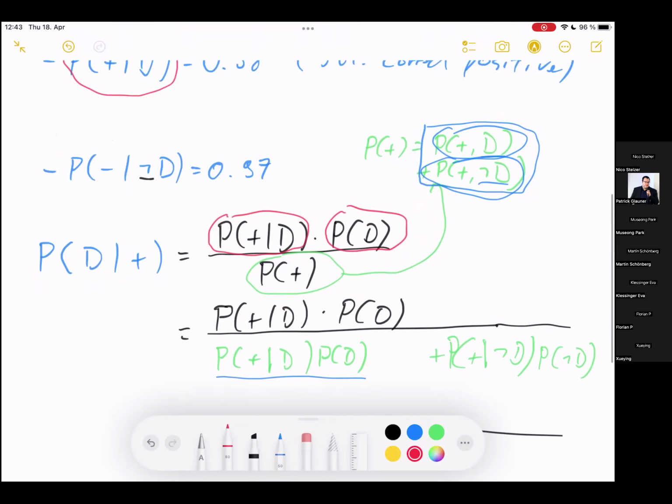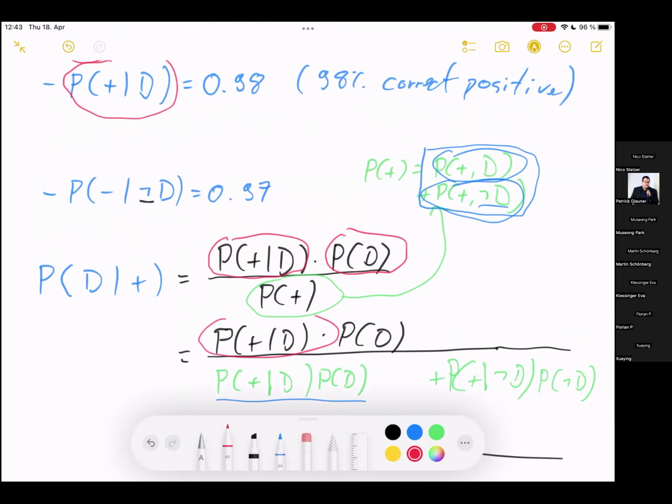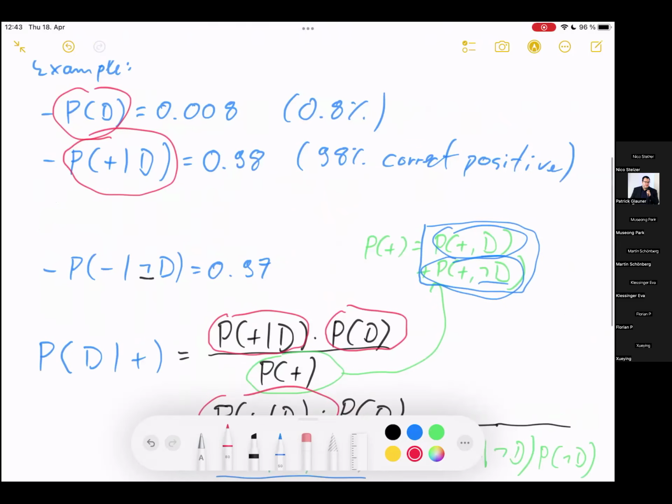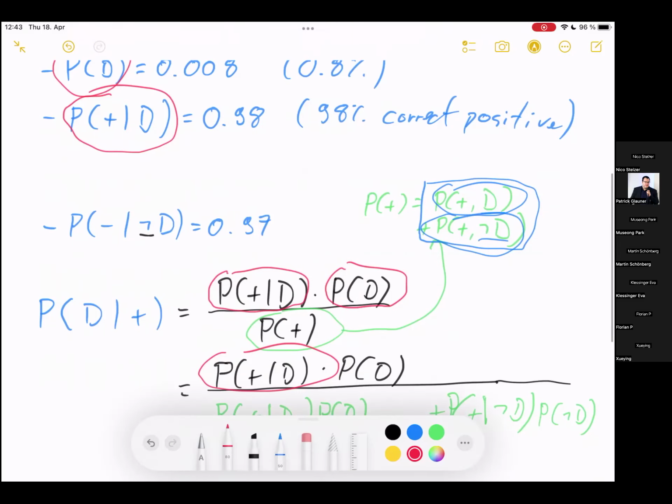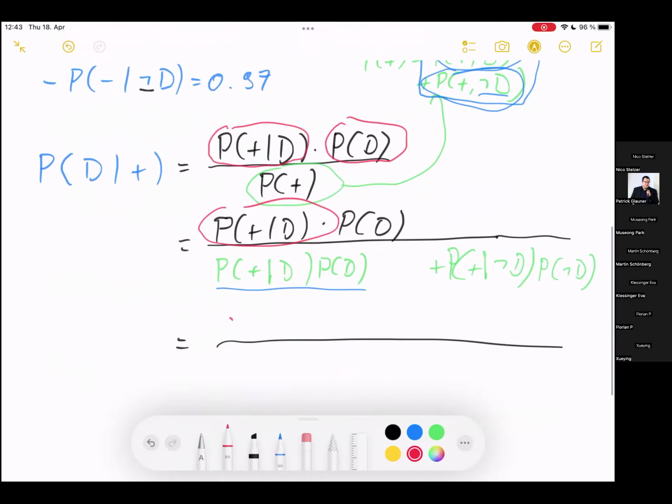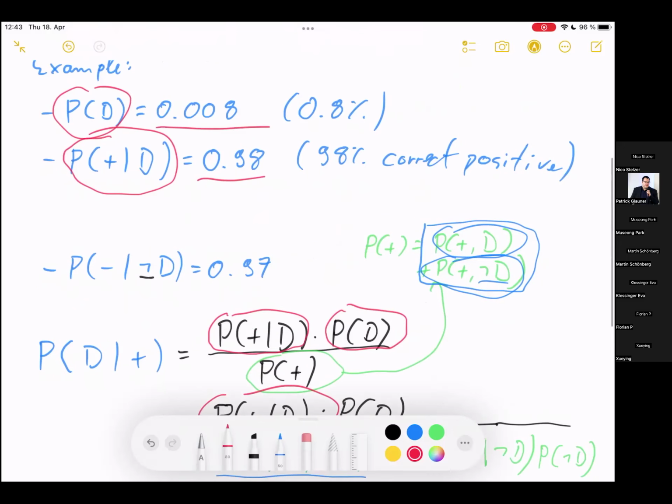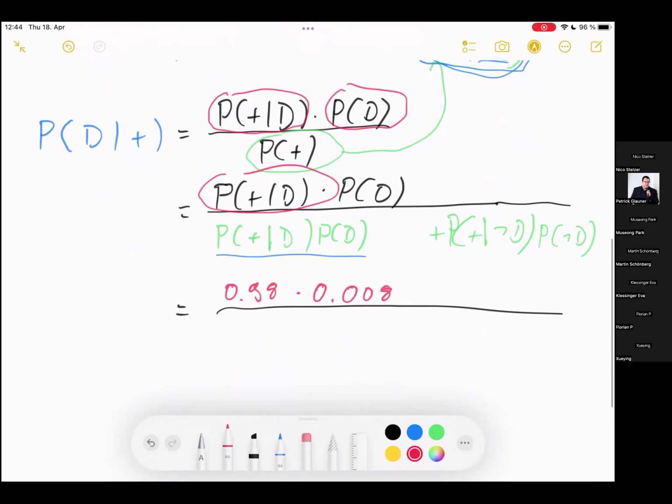So we still have this one available, the probability of a positive test given the disease, which is here 0.98. And the prior probability of having the disease was 0.008.